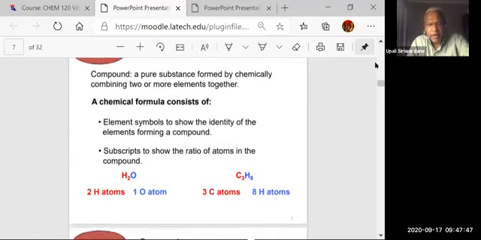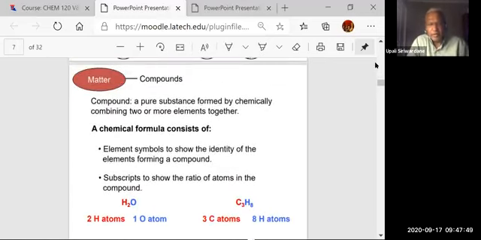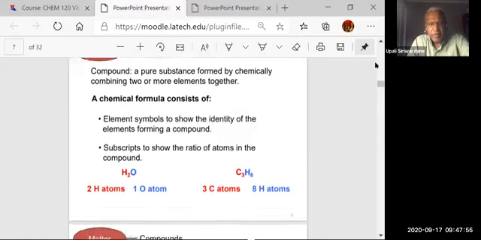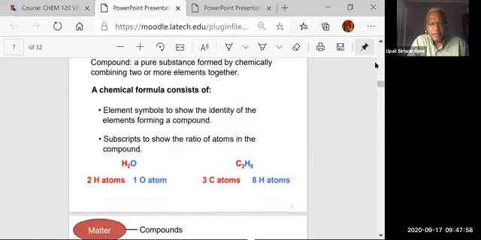Compounds are formed by two or more elements combining together. Compounds have a formula, with element symbols and subscripts to show the number of atoms. These ratios are also mole ratios; we're going to talk about that later.